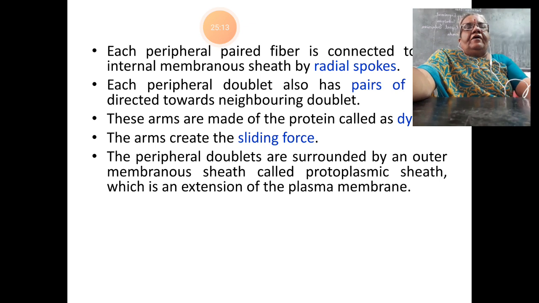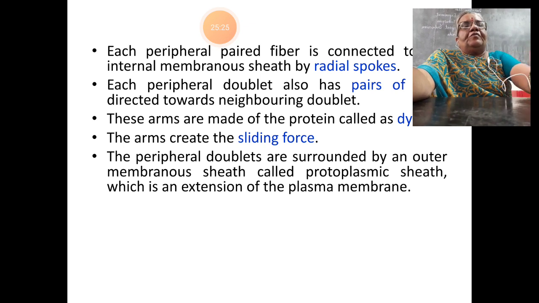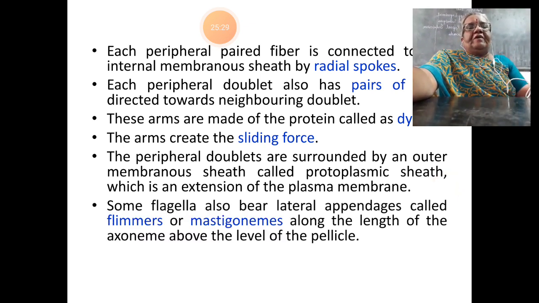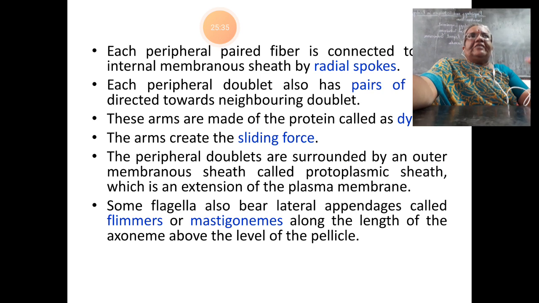The peripheral doublets are surrounded by an outer membranous sheath called the protoplasmic sheath, which is an extension of the plasma membrane. Now, this is the basic structure.